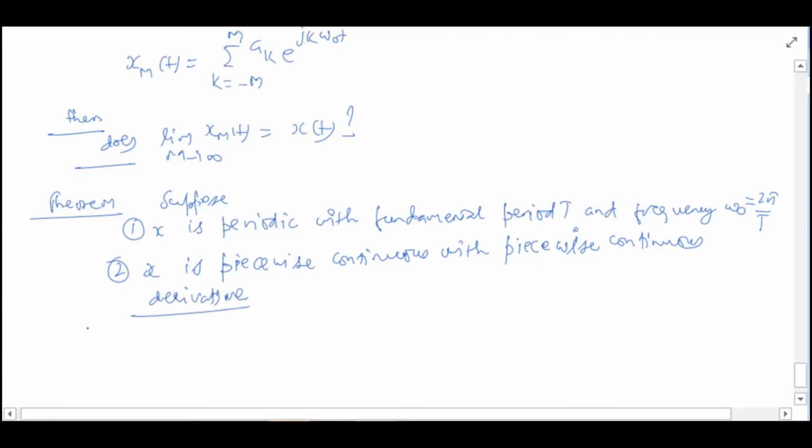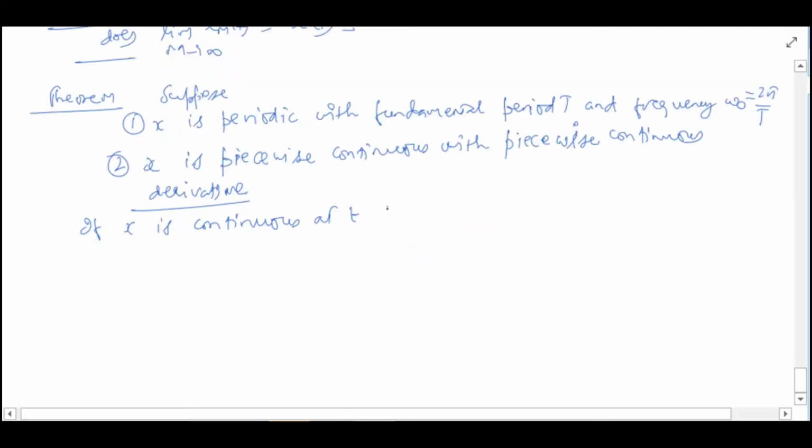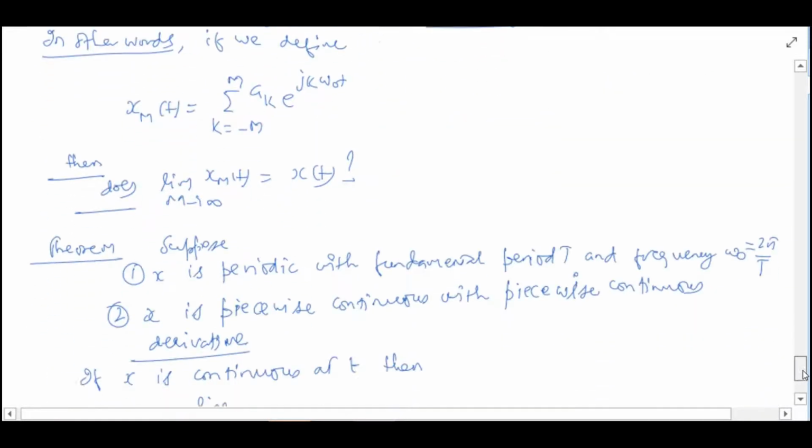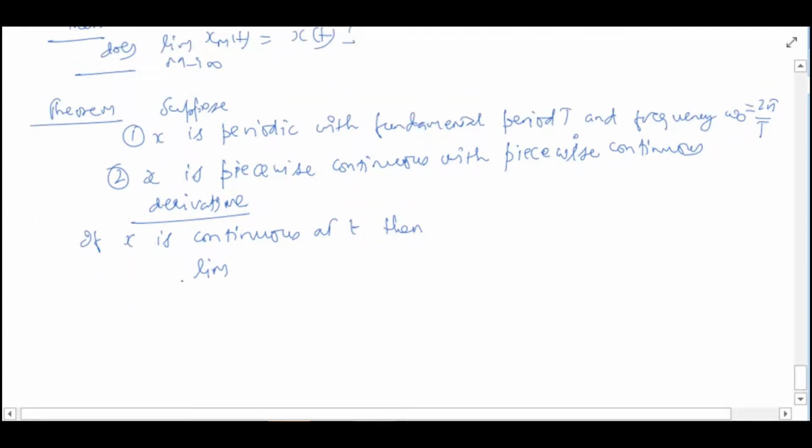Under these hypotheses, if x is continuous at a point t, then the limit that we would have liked to exist indeed exists. So the limit as m tends to infinity of x_m(t) is equal to x(t).